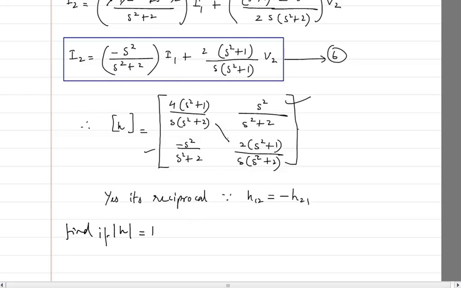How do you do it? You multiply these two, correct? And then you multiply these two, and then you try to find out the answer if it is symmetrical or not. I will leave it to you if you get the answer as 1 or not. Okay, so that is how we do this problem. Thank you.